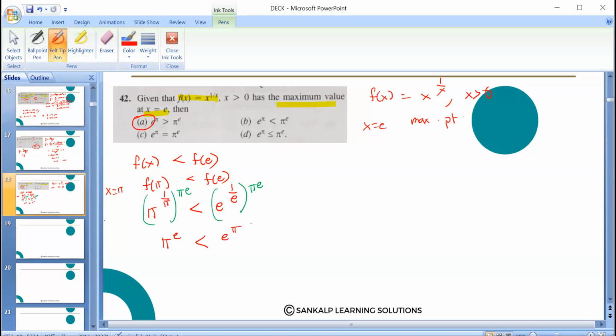That is option A. Next is 43. We can do this as the last question.